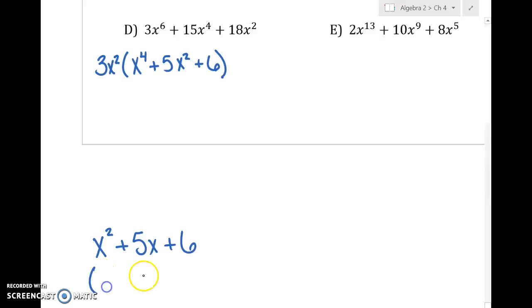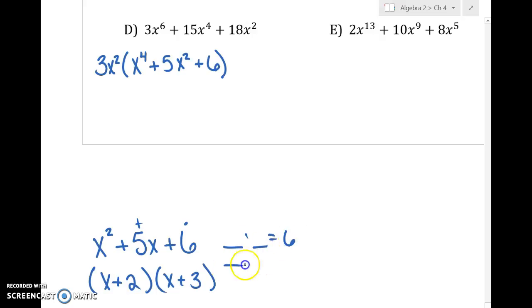Now let's think about how we would have factored it if it was just x squared plus 5x plus 6. Which two numbers multiply to give us 6 and add up to 5? 3 and 2. So this is x plus 2, x plus 3. Now you can draw the blanks if that helps you, but you don't have to. If you can start getting toward just writing the numbers in the parentheses, it's going to be easier for you.